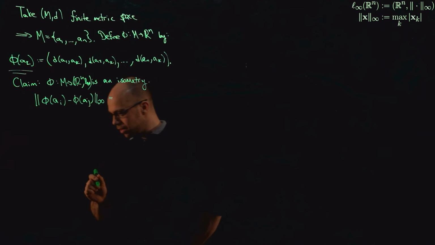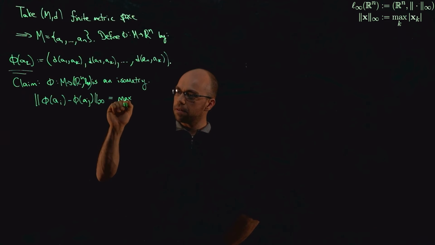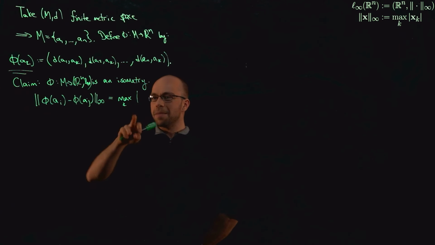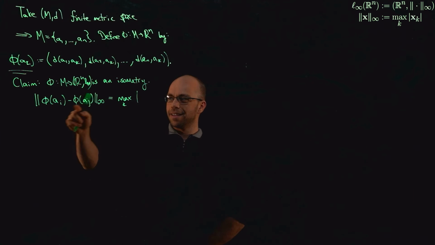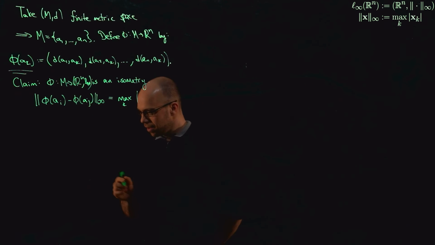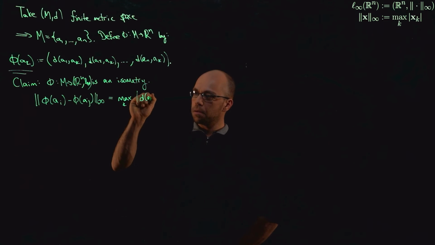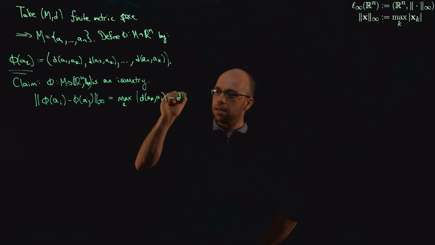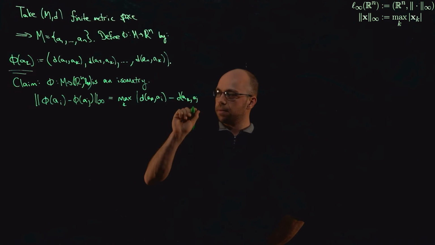Well, just by definition, this is equal to the max over all indices k of the difference between the kth slot of phi of AI and the kth slot of phi of AJ, which, of course, is the same as just d of AK AI minus d of AK AJ.